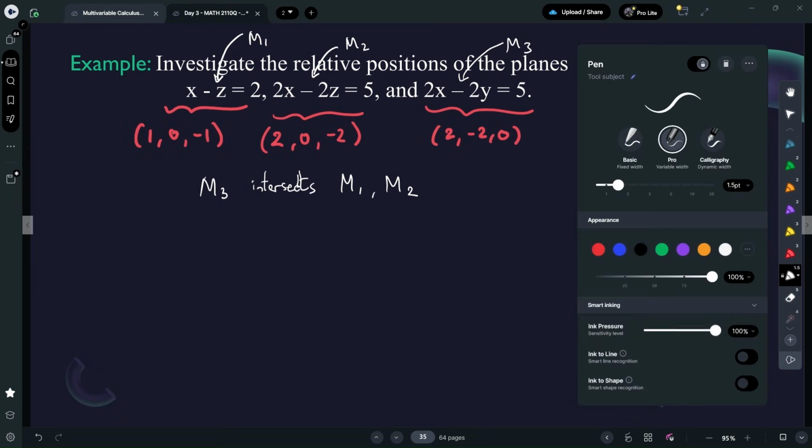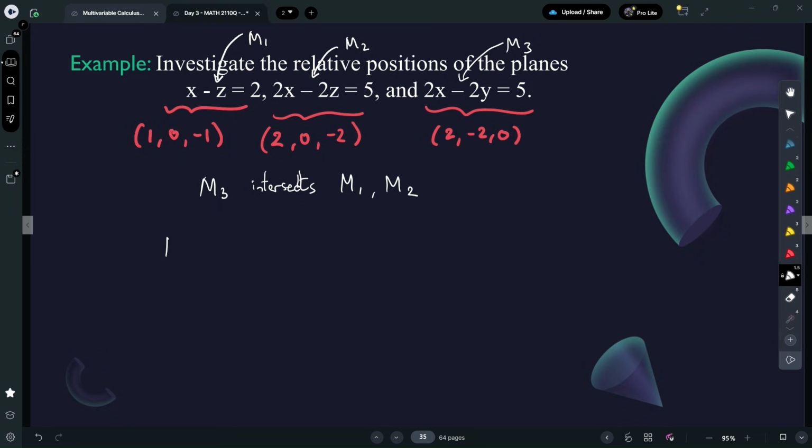So let's find one point in M1. For example, if I put 2, 0, 0, that is a point on M1. Let's see if this point is on M2. If I plug this point into the equation for M2, what happens?